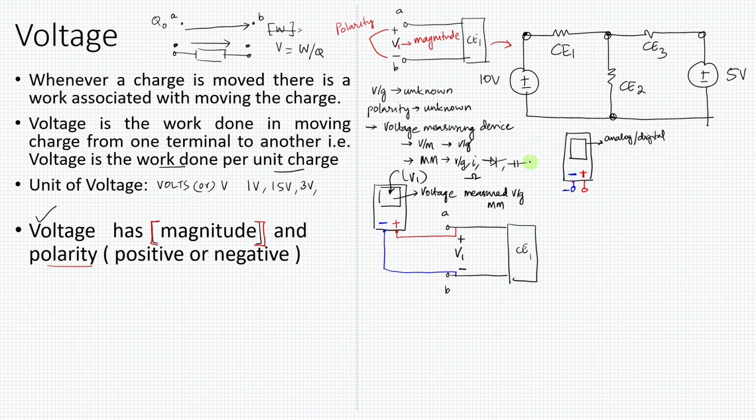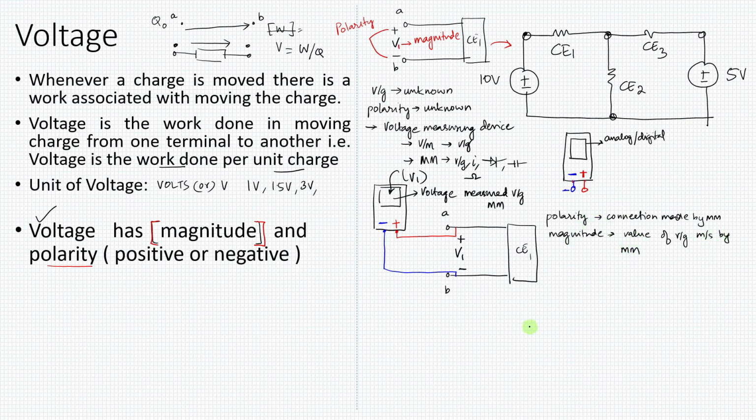The conclusion is that the polarity is actually the connections made by the multimeter, and the magnitude is the value of voltage measured by the multimeter. I hope things are clear.